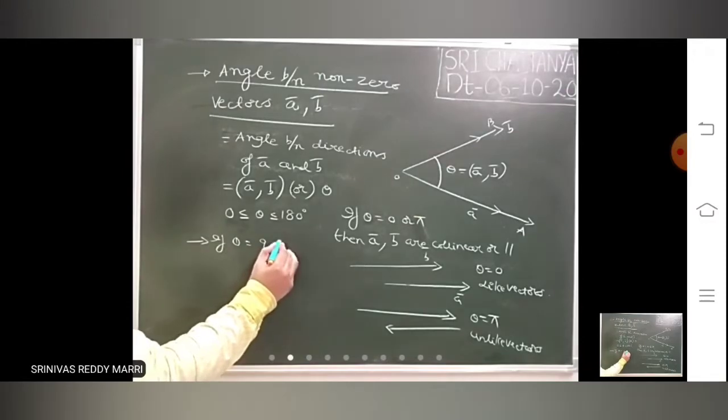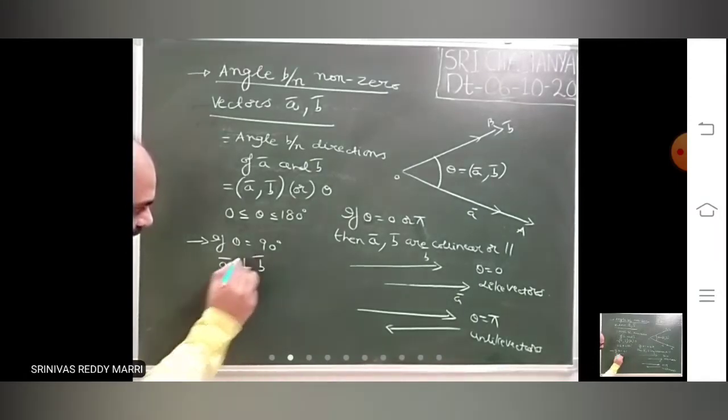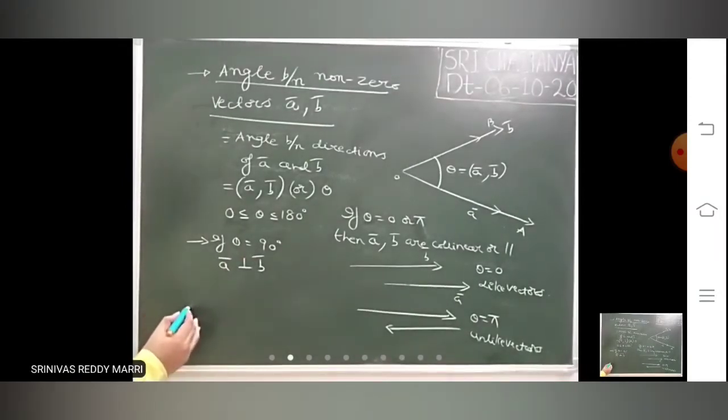Suppose theta equal to 90 degrees. If theta equal to 90 degrees, a bar is perpendicular to b bar. Like this. Look at. 90 degrees, right?